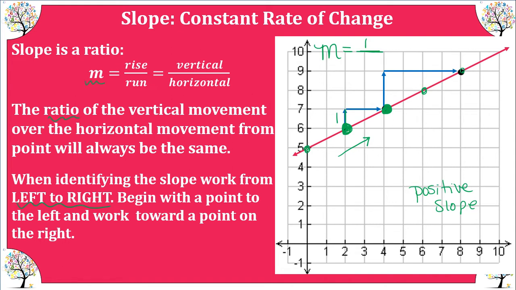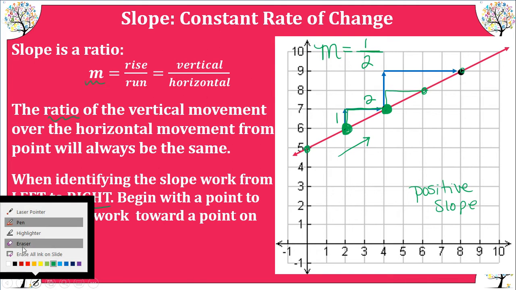So since I'm going left to right, my run number will always be going to the right. So I'm going 1, 2 units. So I went up 1 and right 2, up 1 and right 2, and every time I'm going to land on the line. So this slope is 1/2. Now don't write it as a decimal, just leave it as a fraction. Now let's just erase this right here real quick.